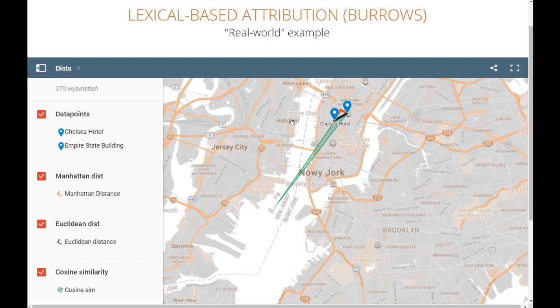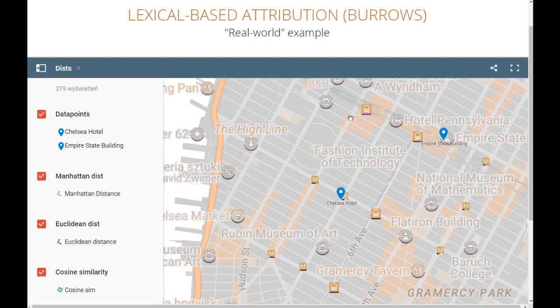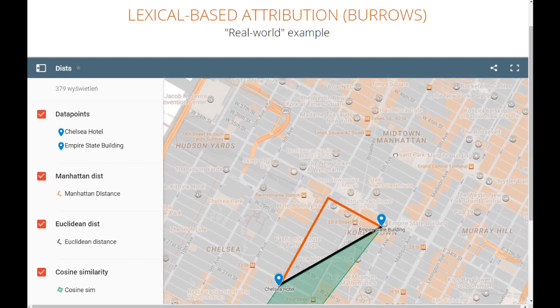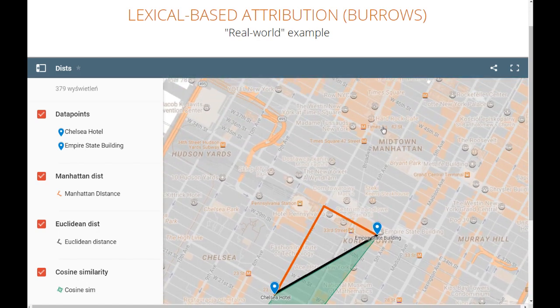You can imagine it as someone standing on top of the Statue of Liberty, watching these two buildings, and seeing them at some angle. To this observer, the Hard Rock Cafe, for instance, would seem much closer to the Chelsea Hotel than the Empire State Building, which is not true, of course, in terms of other metrics.